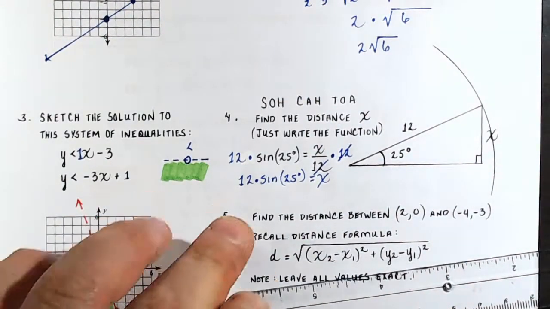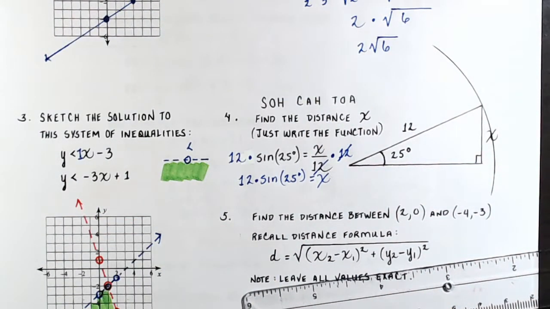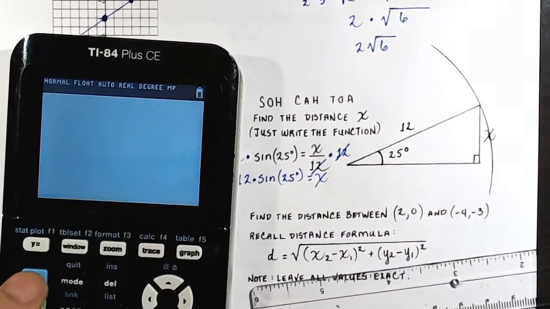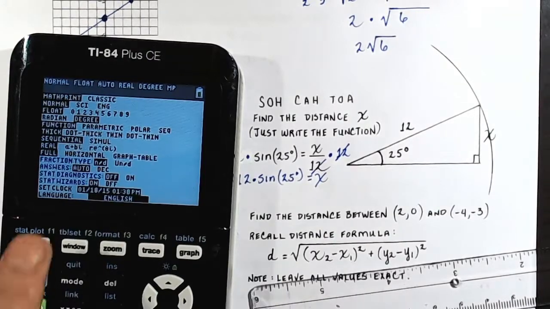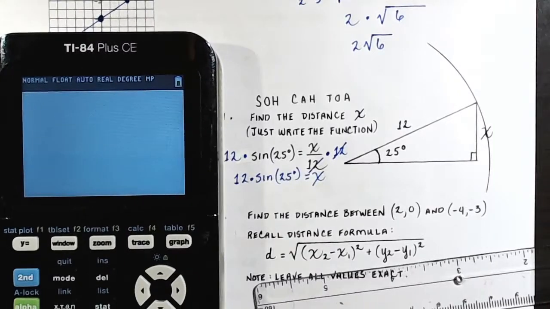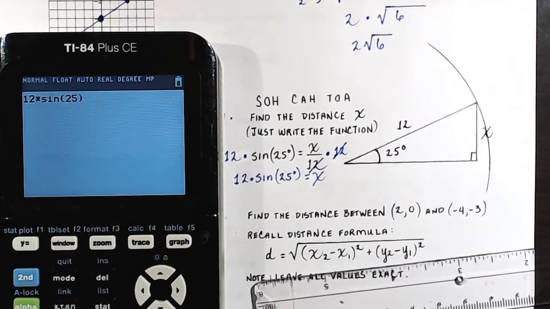Now, that's all I wanted you to do, because to do the rest of it, you would need a calculator. Well, I have a calculator here, and I've put it into degree mode. That's something you would need to do. Let's find out what that height really is. So let's take 12 times the sine of 25 degrees.